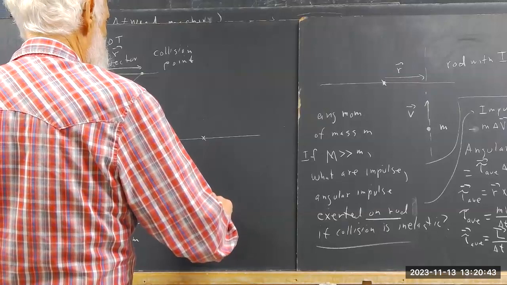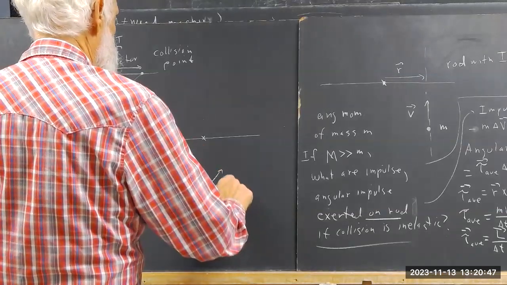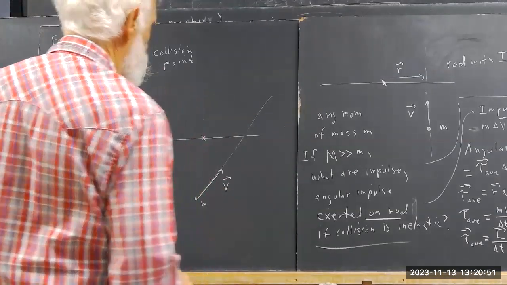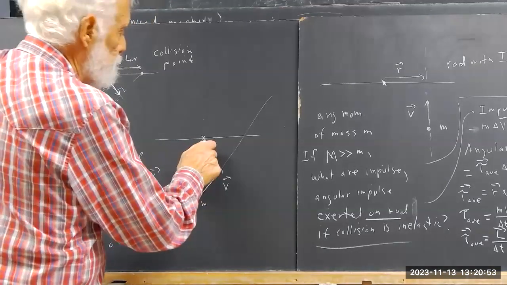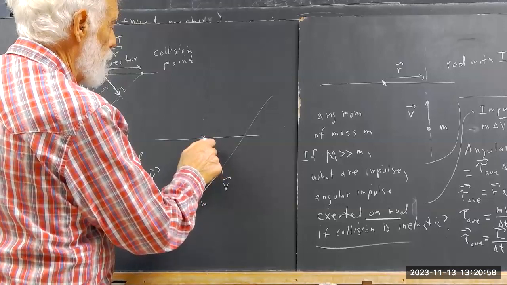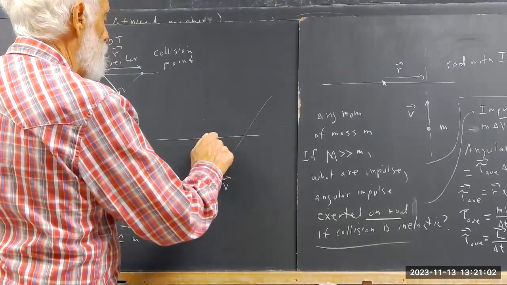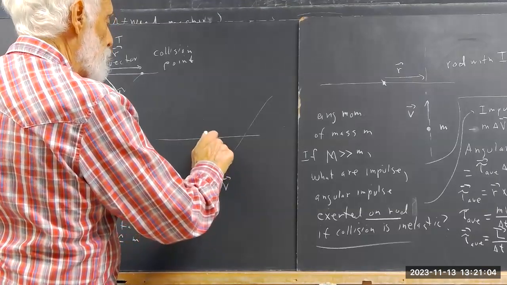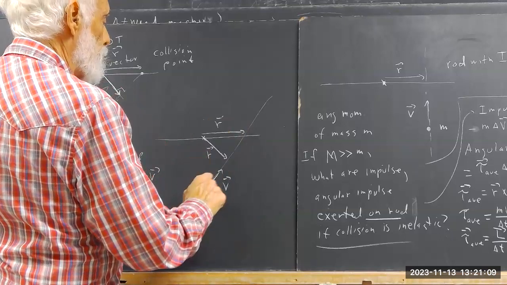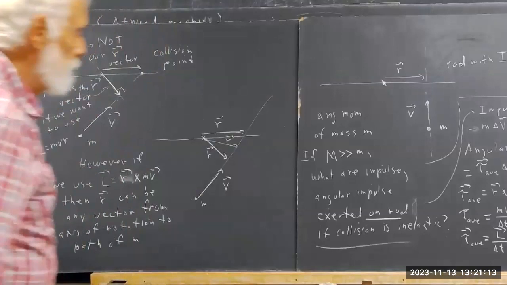So again, here's our path. We could use any of these vectors. We could use the R vector here. We could use the R vector here. We could use the R vector here. It makes no difference.